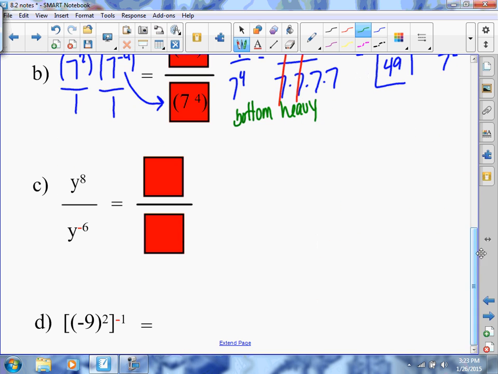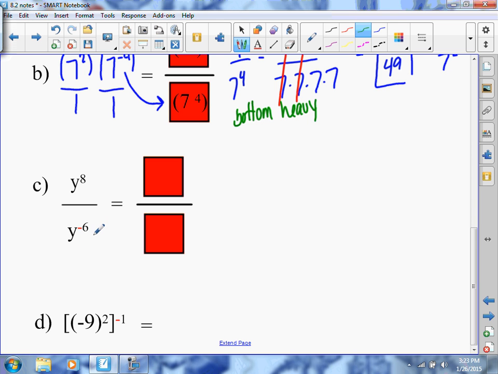Okay, let's try part C and D. Now for part C, I have y to the 8th in my numerator and y to the negative 6 in my denominator. The only part here that's negative is this y to the negative 6.